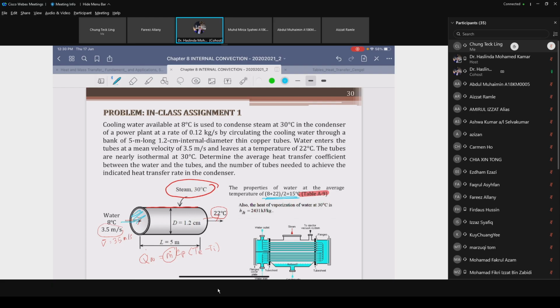Sebab kita internal kan? Kita nak lihat inside the tube. So what is inside the tube is water, so that is why you have to refer to table A9. And then, what is the temperature? Inlet 8 degrees and outlet is 22. So to get all the thermal properties, must be based on average temperature. That is 15.